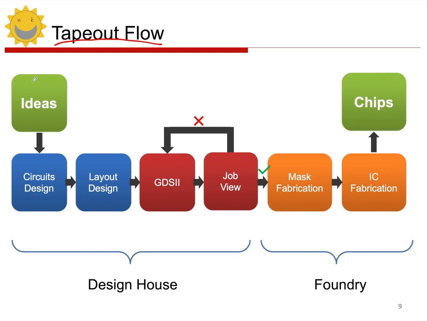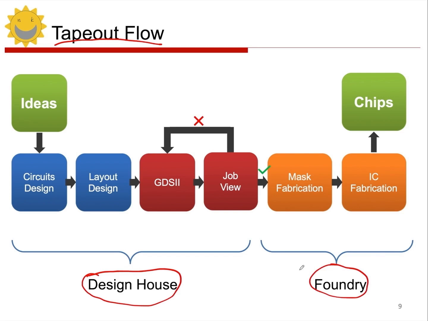First of all, let's take a look at the entire process, which is actually divided into two parts. One part is completed in what we call a design house or a design company. In this design company, they create the actual design blueprint for the chip. This blueprint is then handed over to the foundry, which is responsible for manufacturing the chip.